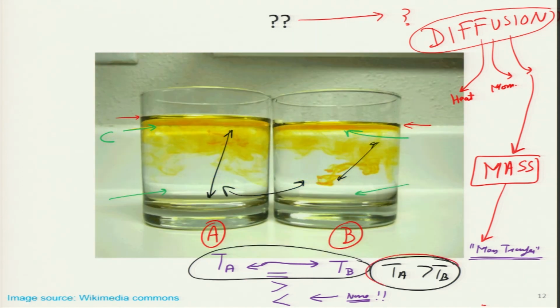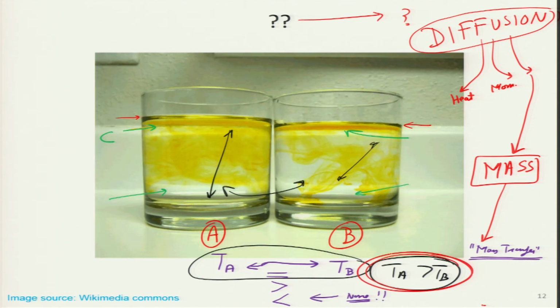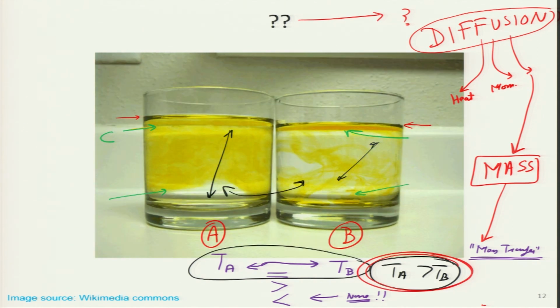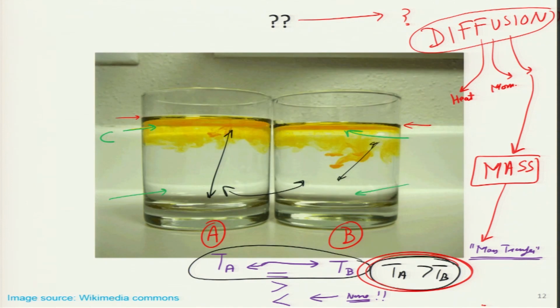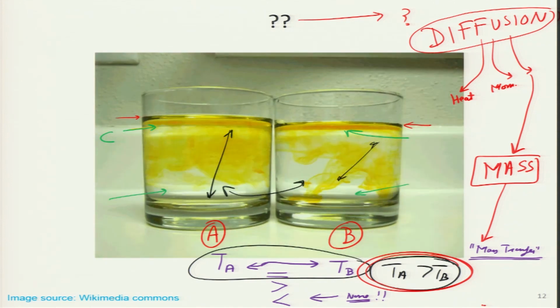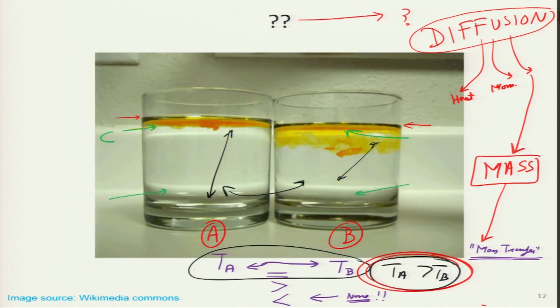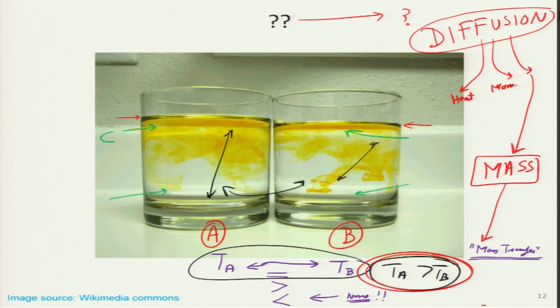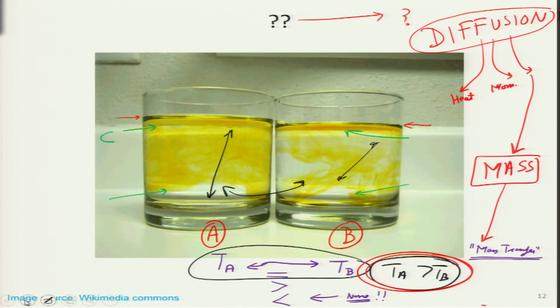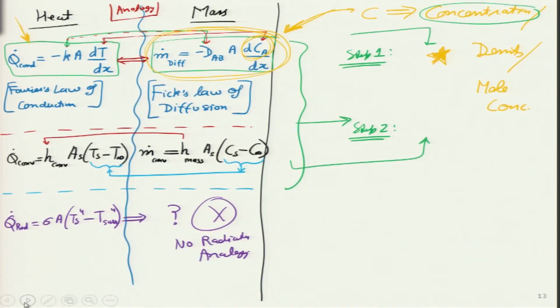In the end we try to answer that question: if every other condition is the same in these two, perhaps Ta may have a higher temperature than Tb, because here the mixing takes place much faster than in the other case.